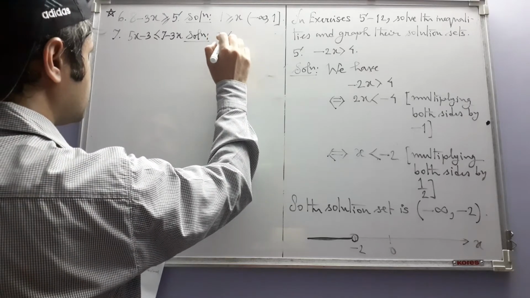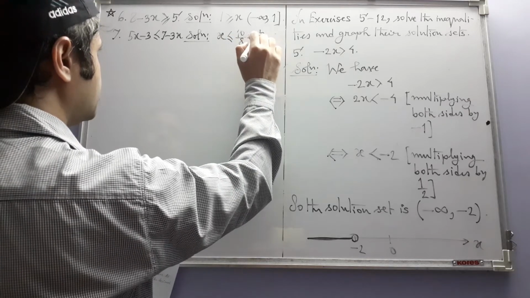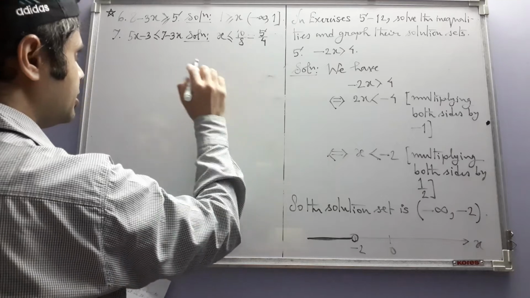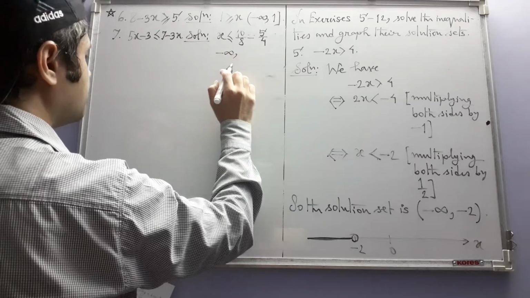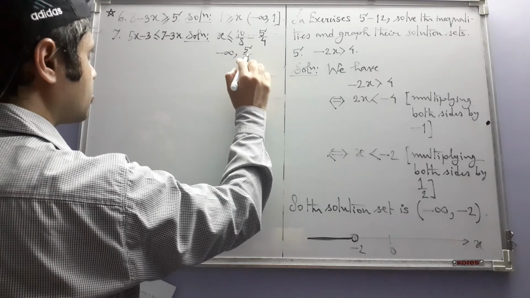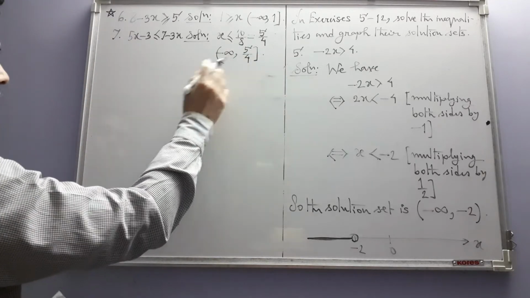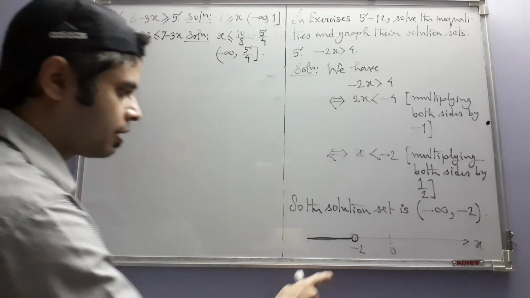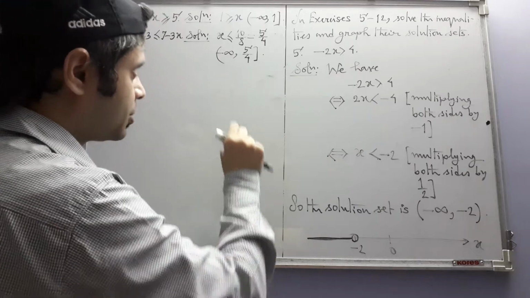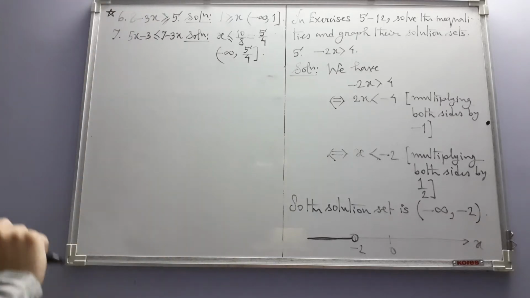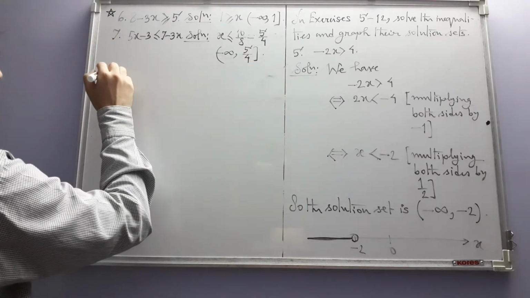So x is less than or equal to 10 divided by 8, which is 5 divided by 4. So in this case, the solution set is again an interval like this, and you can clearly draw these solution sets. Unlike this one, if you draw this one, the point representing the real number 1 will be inside the solution set. Just like that, this one also, 5 by 4 will be a part of the solution set.